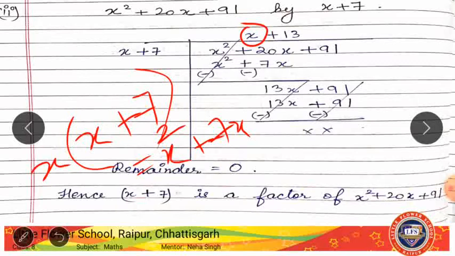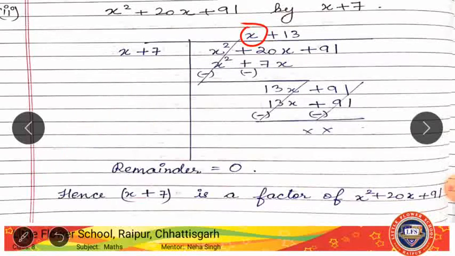Now the fourth step is you will write this x square plus 7x here and you are going to subtract. Here I have written x square plus 7x and you are going to subtract, right? After subtraction, what do we have to do? Sign change.